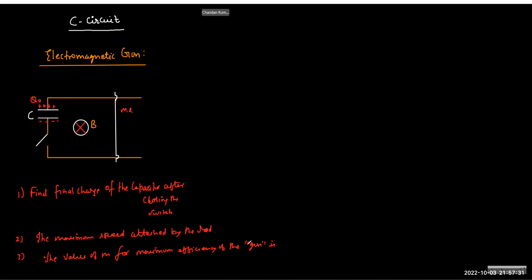The rod will be almost there, but it will accelerate so fast that it will gain some velocity, and that velocity will be final. It will just get velocity at that instant and will keep on moving forever. So think about it. Questions clear? Think about it, and then I'll come back in 10 minutes.